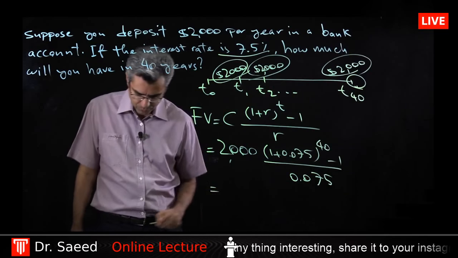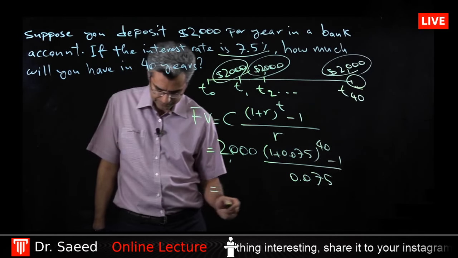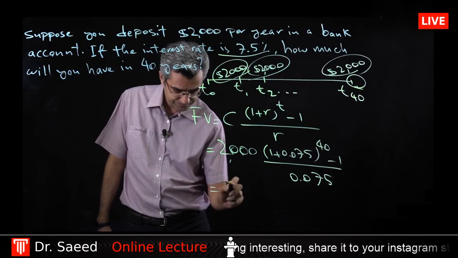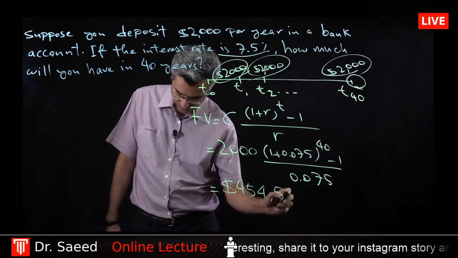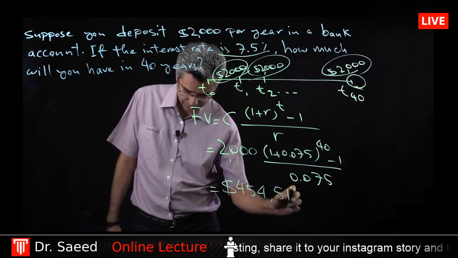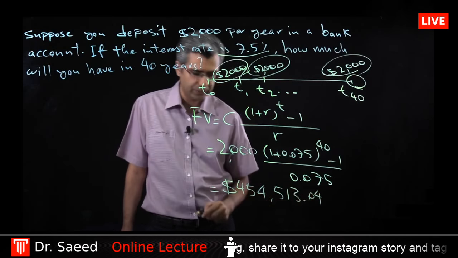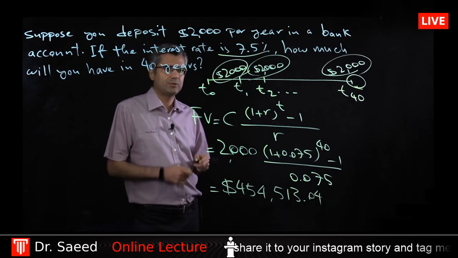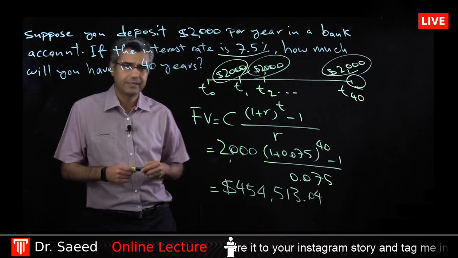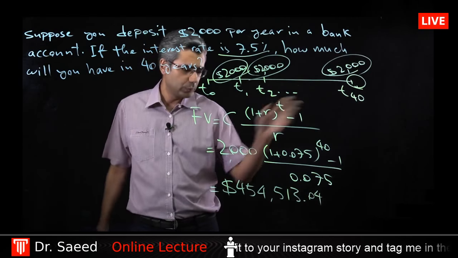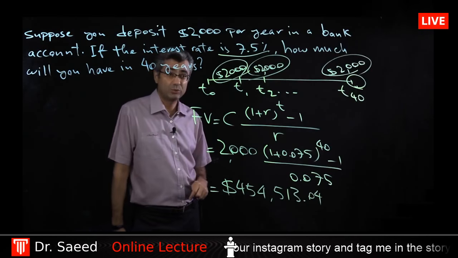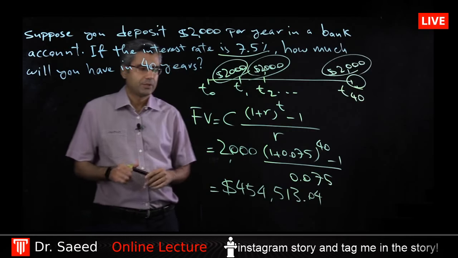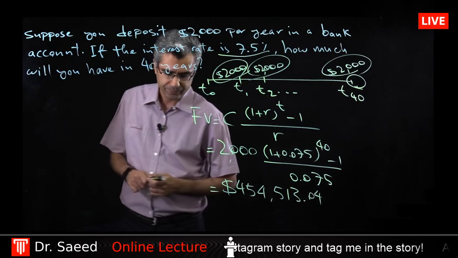And if you compute, the answer is 454,513.04. So if you invest $2,000 a year every year for the next 40 years, you will have 454,513 US dollars in your bank account. So it's a good saving for your retirement.